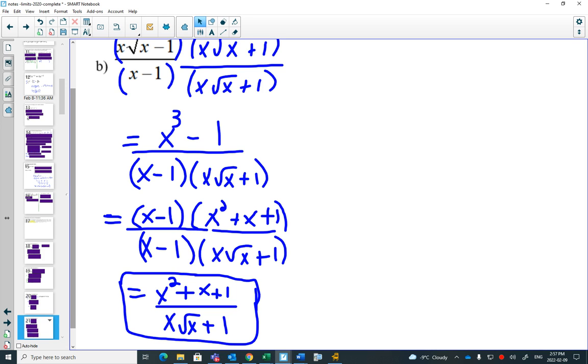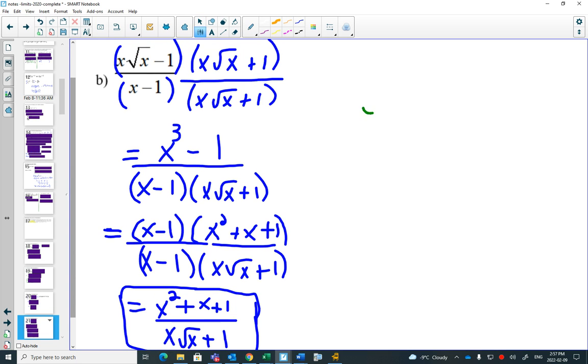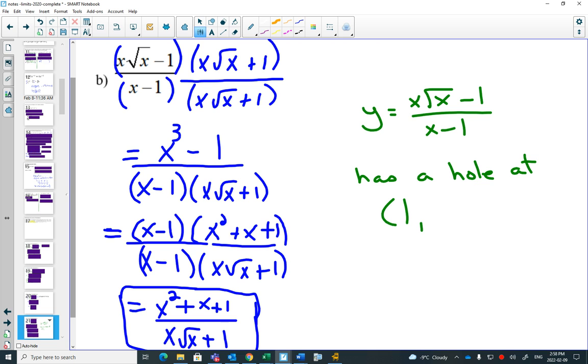Where's the hole in the graph? This graph has a hole at 1, 3 halves.